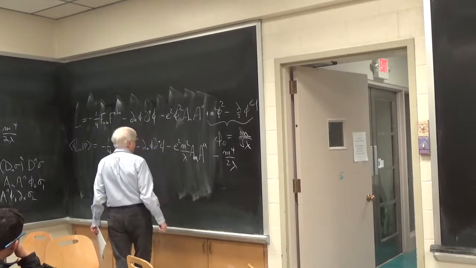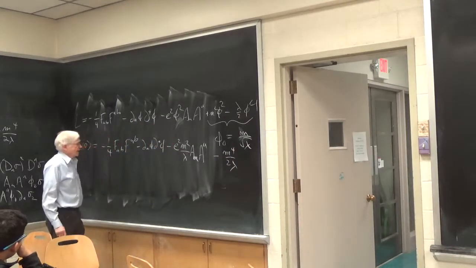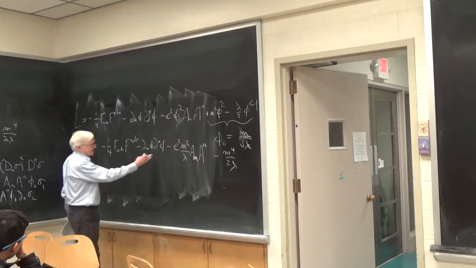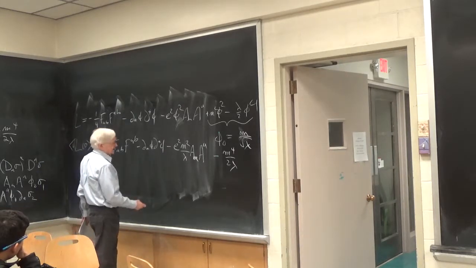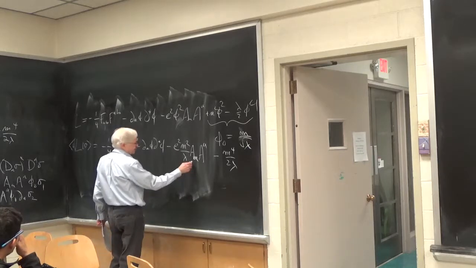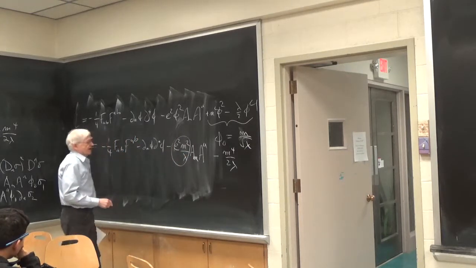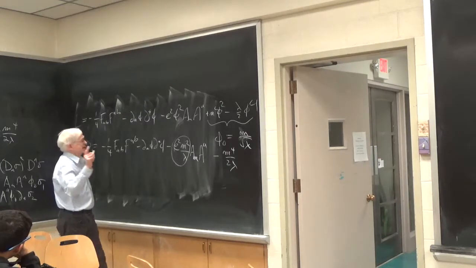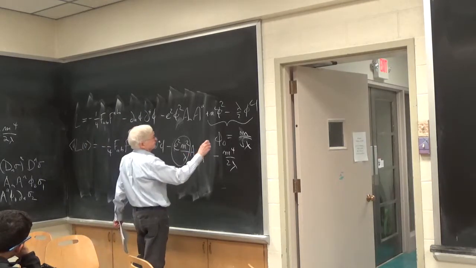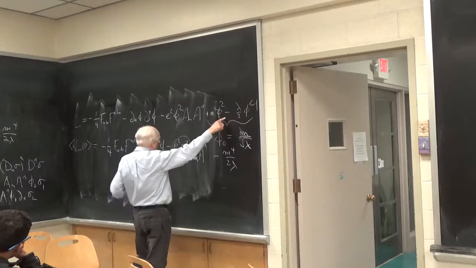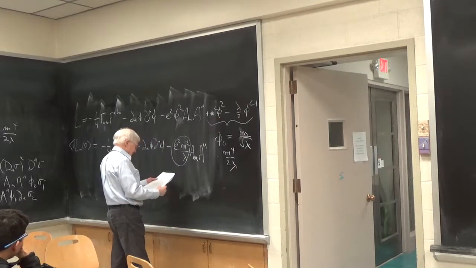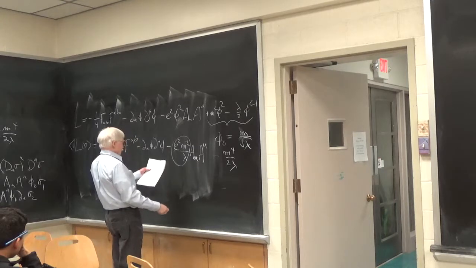So in the vacuum state, what we have is this, and this acquires a mass, and let's see, I left out something. I should have written it down more nicely. Right, I left out a term.